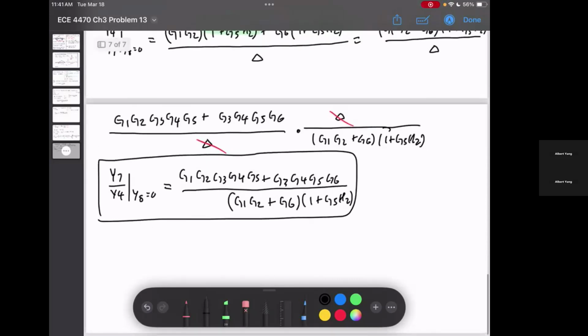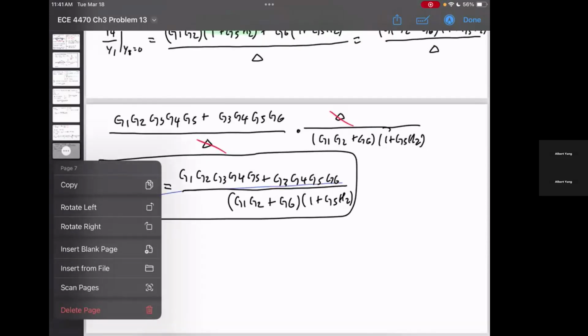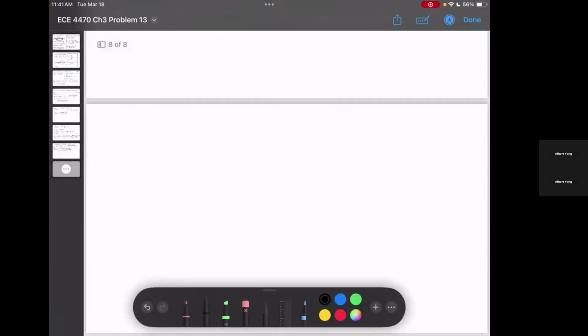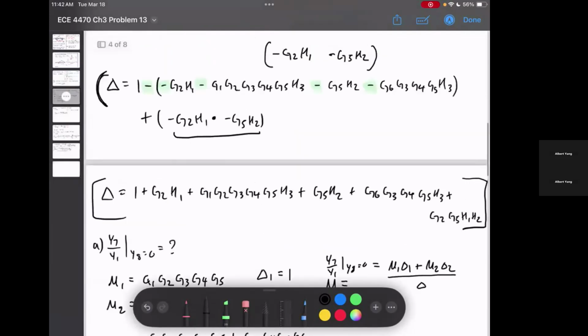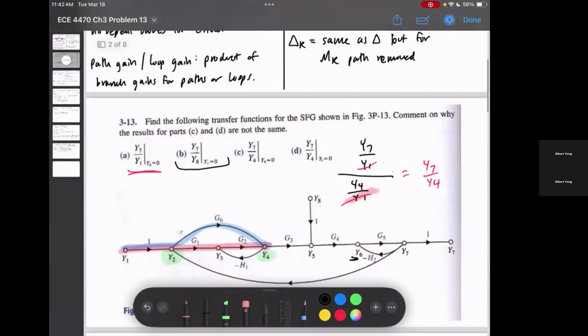And then for part D, they actually want the same, but this time they want y1 to be 0, which means that we're going to ignore this.